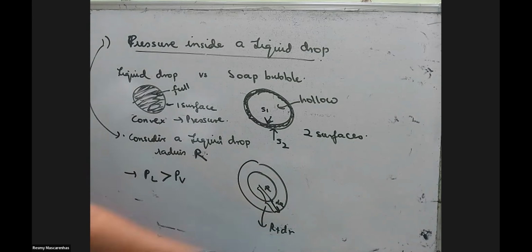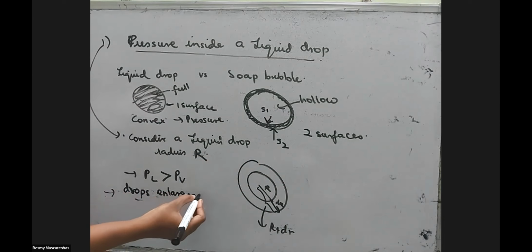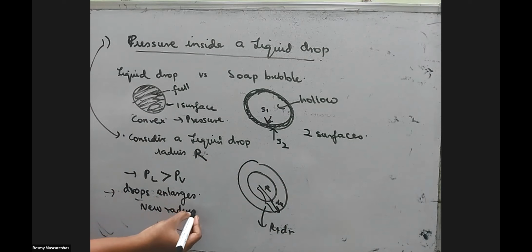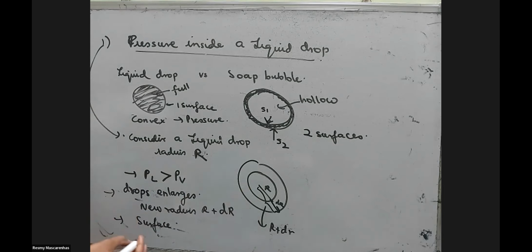The drop enlarges, and the new radius will be R plus dr. Then definitely the surface area will also increase from S1 to S2.